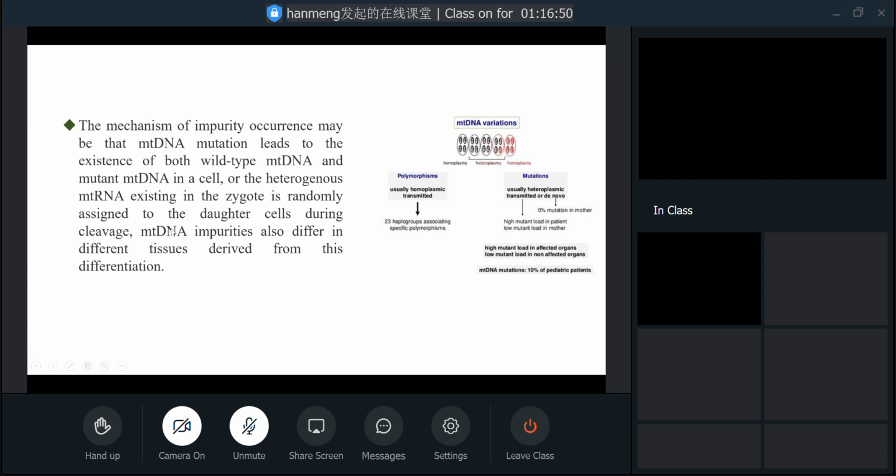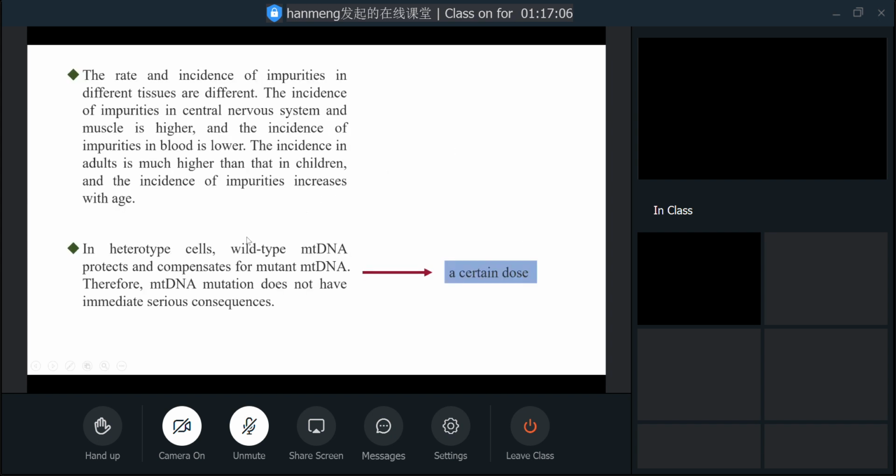The mitochondrial DNA impurities also differ in different tissues derived from this differentiation. And the rate and the incidence of impurities in different tissues are different.